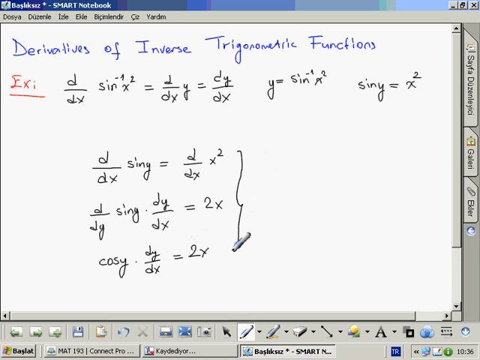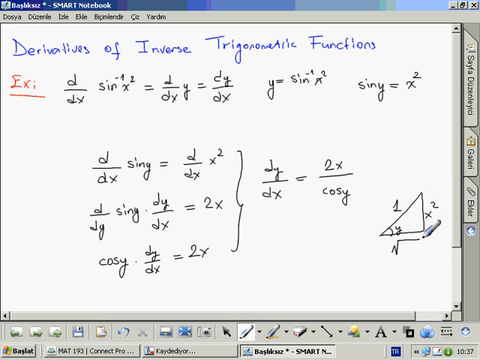And after that we can write del y over del x equals 2x over cosine y. And what about cosine y? You can easily evaluate it from the right triangle. This angle is y, this side is x squared, and this is 1.